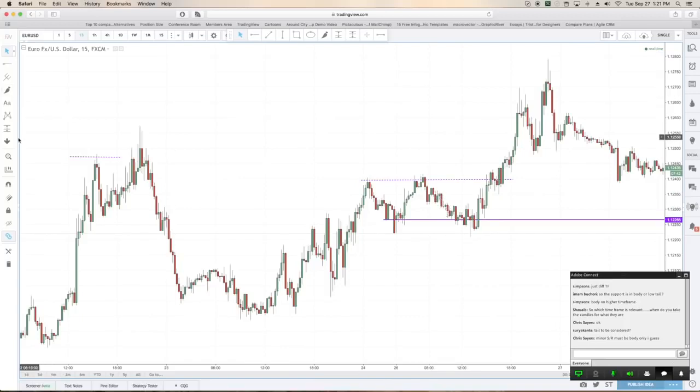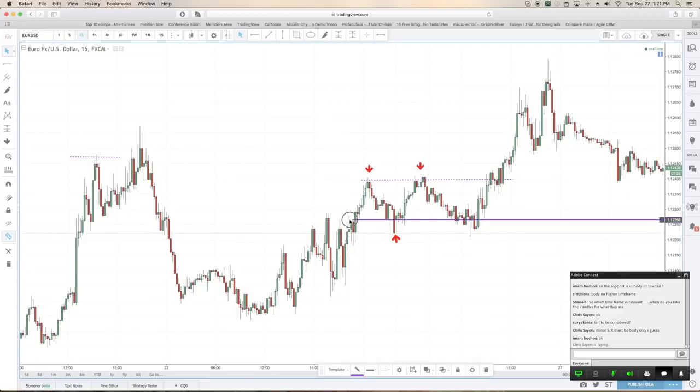Now, at what point do I start thinking that this could be a range? When I have this, when I have that, when I have this. At that point I start thinking, okay, we've got no higher highs, no lower lows, and for some reason this price keeps respecting this resistance again and again.